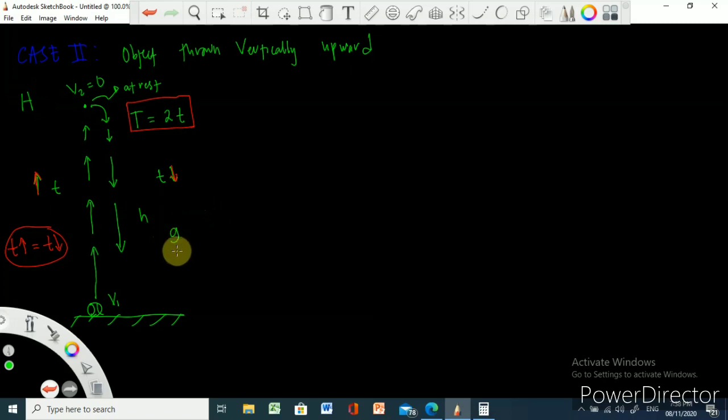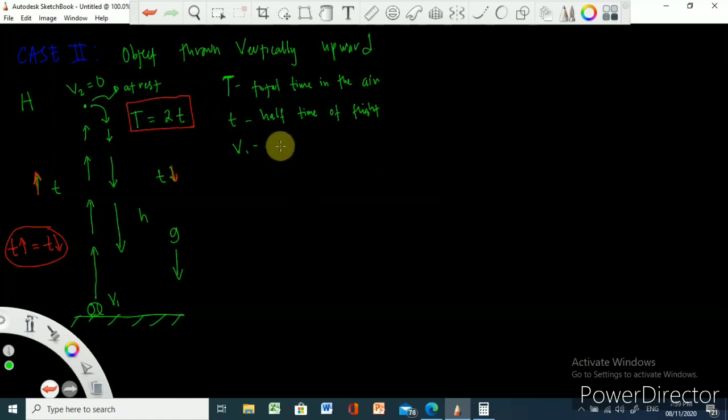Gravity, syempre, constant yan, 9.8. Alright, so again, ano yung mga variables na yan? Capital T is your total time in the air. Small t is your half time of flight.